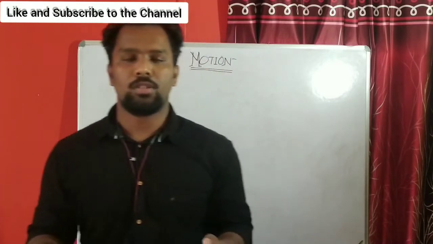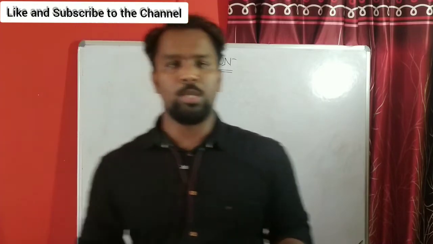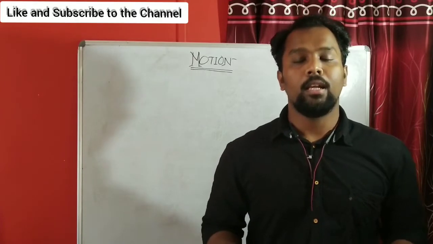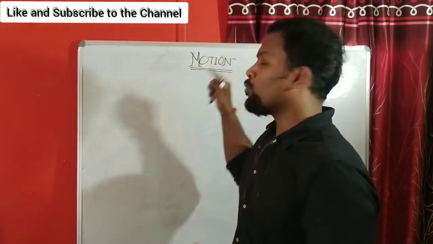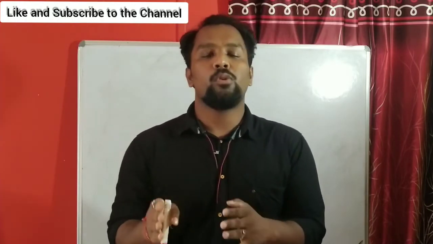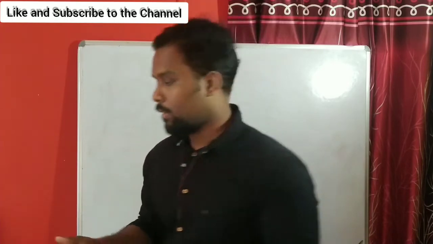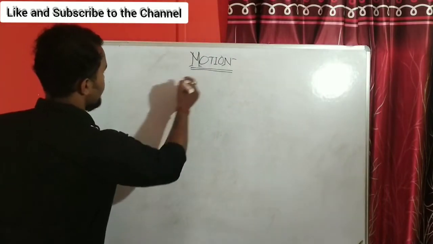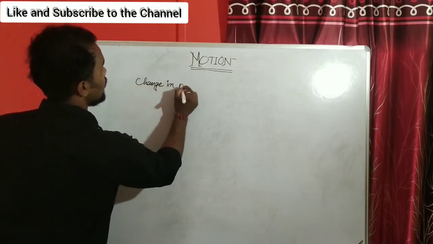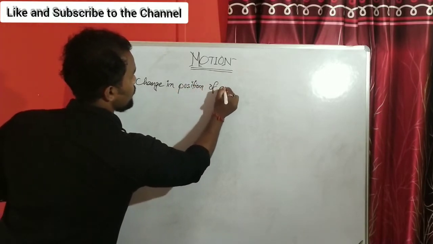See, first, consider me standing here. If I move from this position to this position, that means what? For a certain moment of time I was actually in motion, right? So how can we give the definition of motion? We can say that the change in position of an object from one position to the other is known as motion.